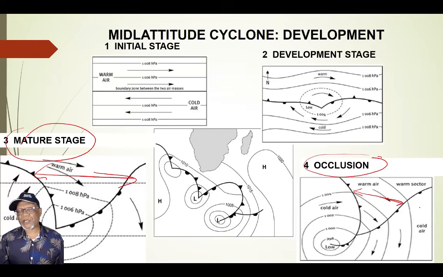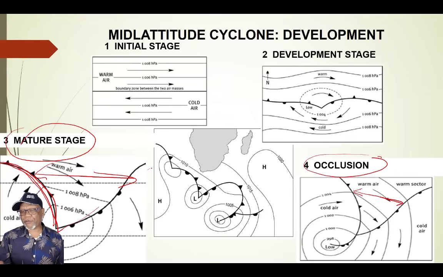Both fronts are moving in the same direction, from west to east, because this is a mid-latitude cyclone. It moves from west to east, but you can see the steepness of the front here. The front here is steeper, but the front here is more gentle.